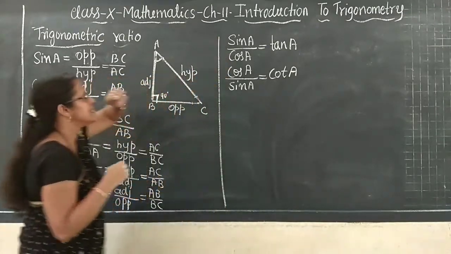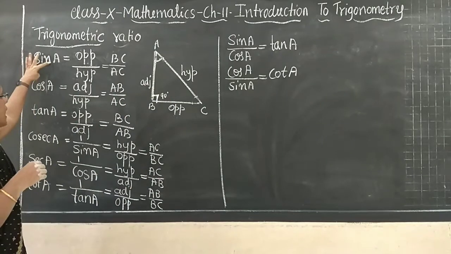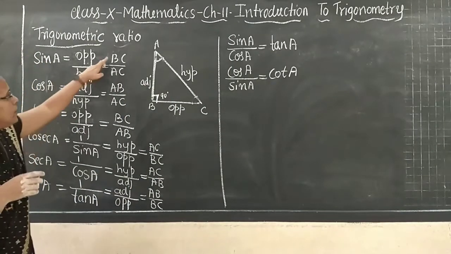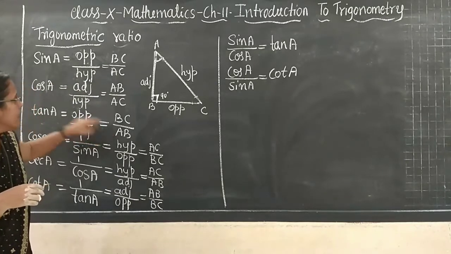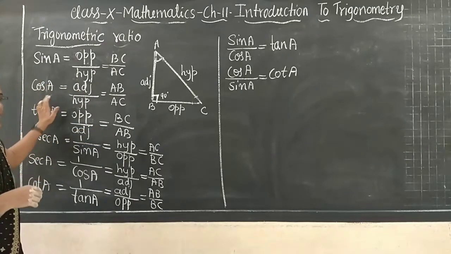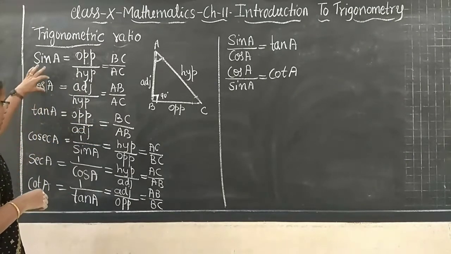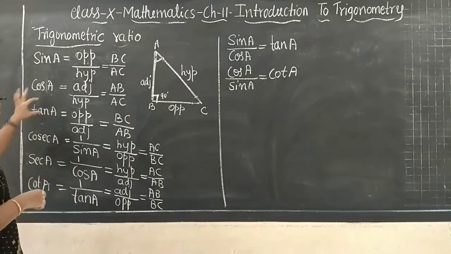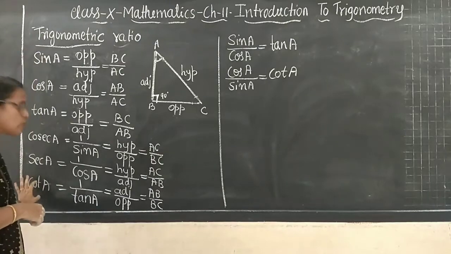Here you understood that sin A by cos A is tan A, BC by AB. See here. Sin by cos is tan, and the reciprocal of that, cos by sin, is cot.